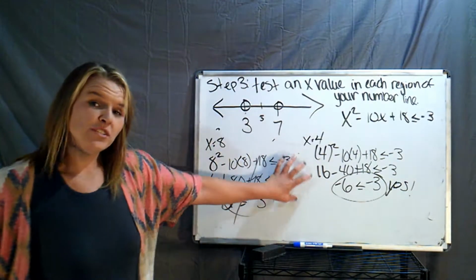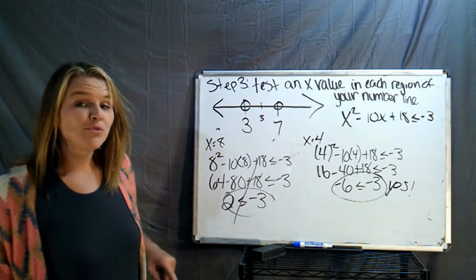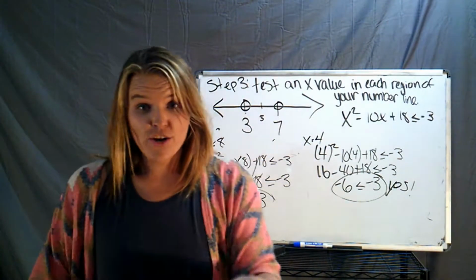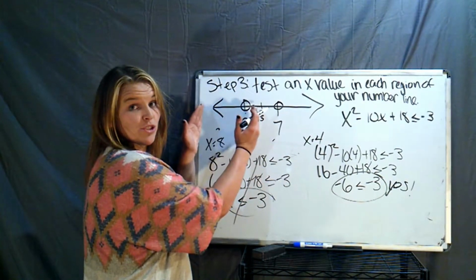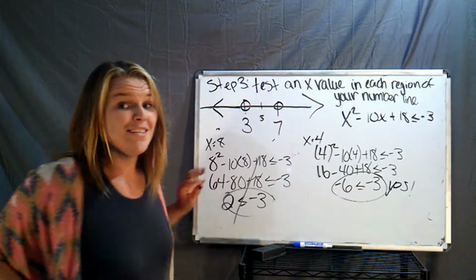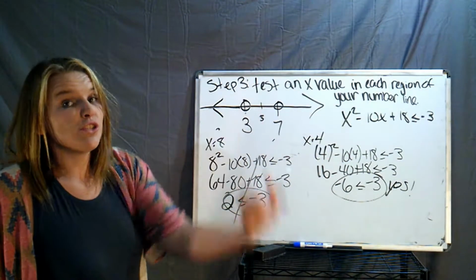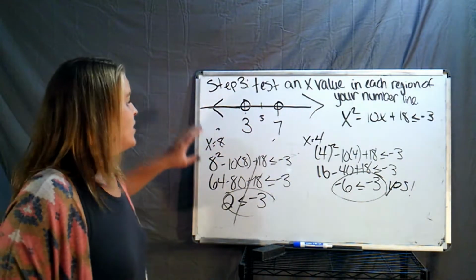Do you guys understand where I'm getting these numbers from? Where I got my 4 from, where I got my 8 from, where I got my 2 from? That can be any number in that region. For the one where I said x equals 2, I could have put any of these numbers to infinity. I could have put a negative 25. It still wouldn't have worked, but you can pick any number that is less than 3.